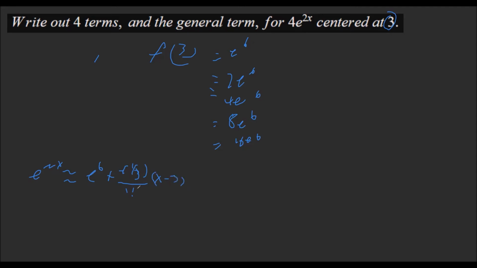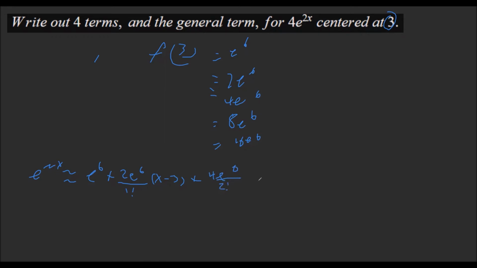The factorial can stay the same. f prime of 3 is 2e to the power of 6, so we'll substitute that in quickly. Plus the 3rd term in the sequence, and we're only going to go to our 4th one. And then, of course, we'll write our general term. It's going to be f double prime of 3, aka 4e to the power of 6, over 2 factorial.